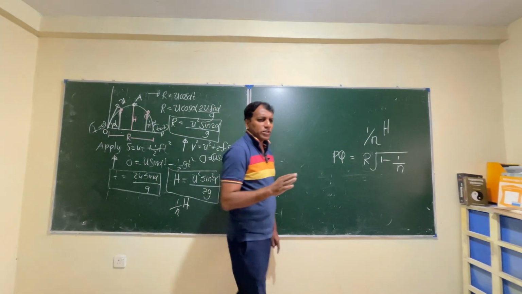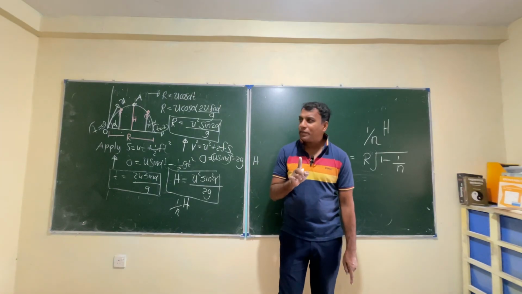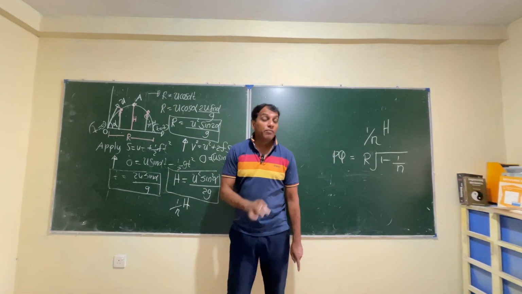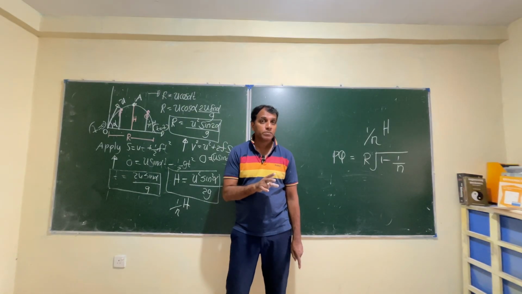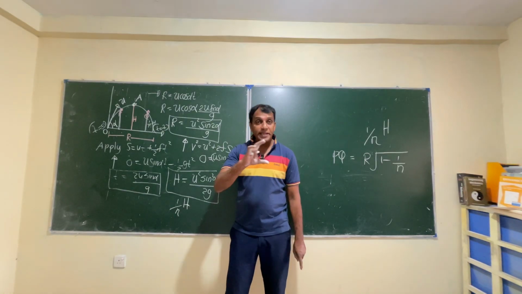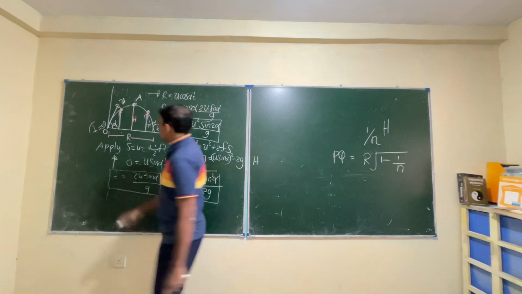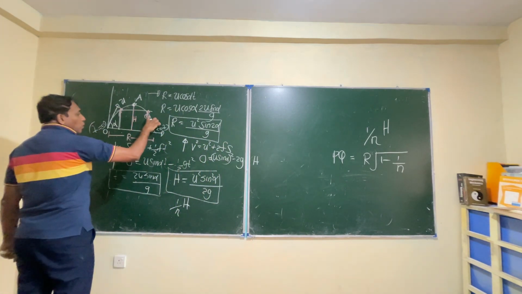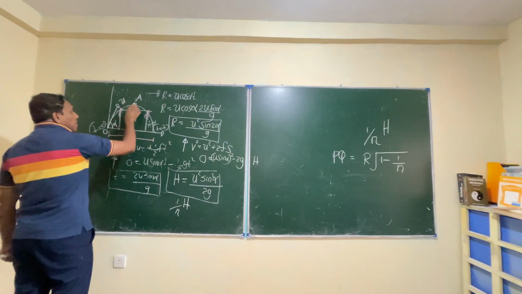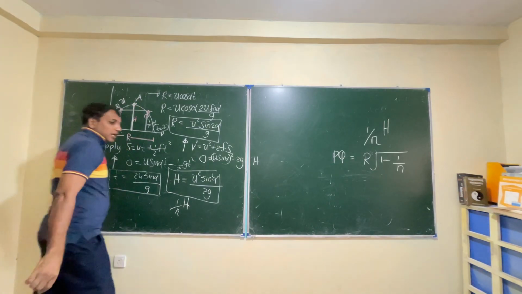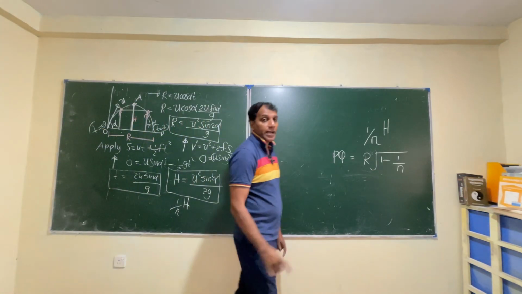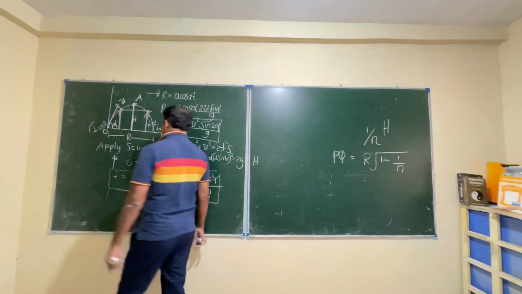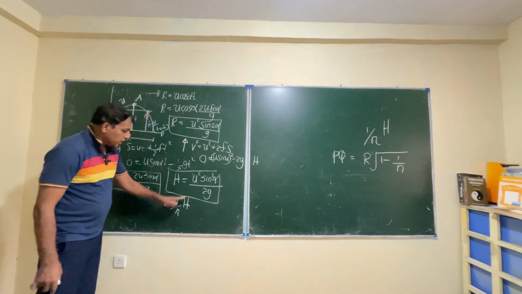You know, in every motion under gravity, except at the maximum point, there are two chances to reach a particular height. This is 1 nth H, and this is 1 nth H, symmetric. But the capital H, the maximum height, has only one possible chance.